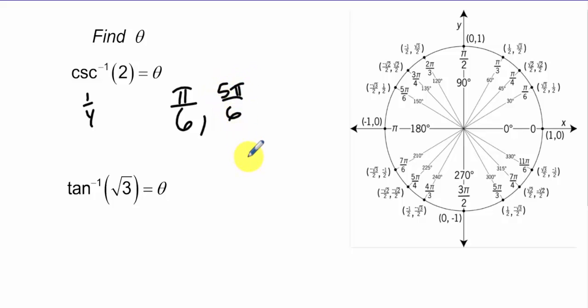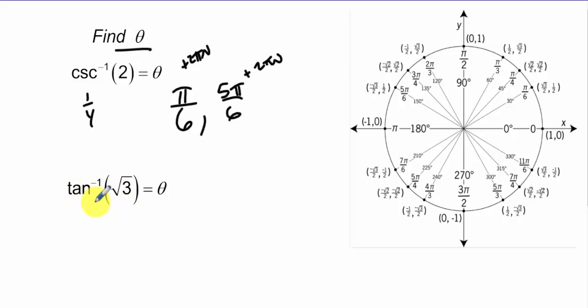And in theory, anytime I add 2 pi to one of those, I also have theta values that are equivalent to the inverse sine of one half. So if they're just asking me to find theta, I've got infinitely many answers.